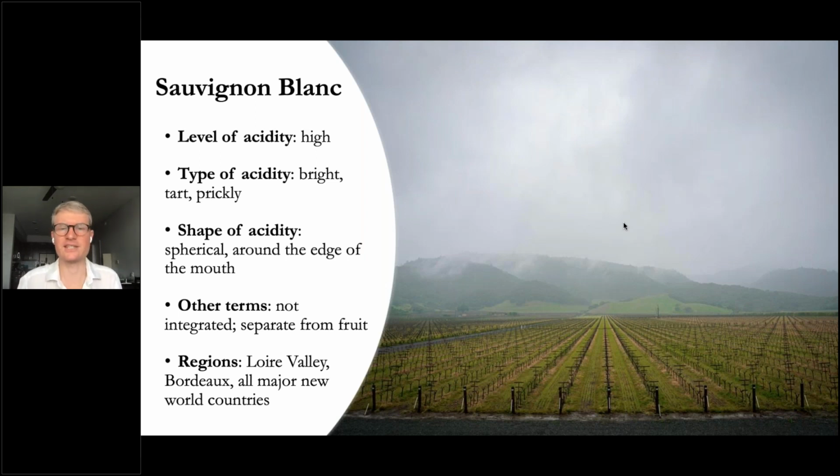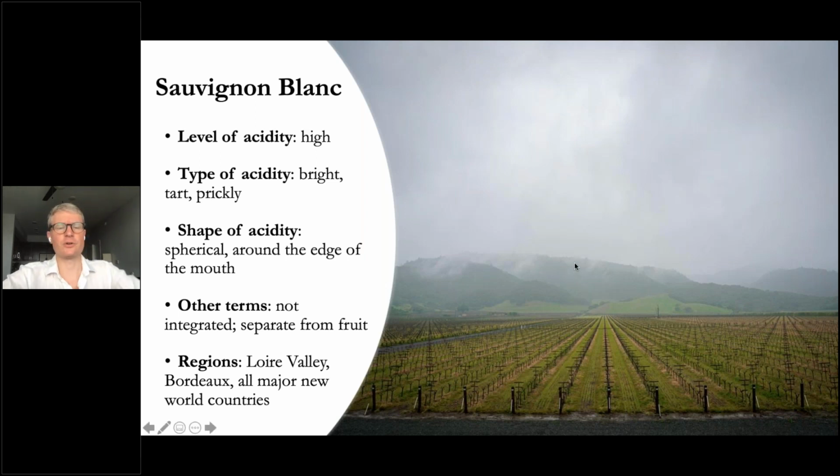Now, again, this is very dependent on the climate where you're at. So if you're in the Loire Valley, you're much more likely to experience that sensation than if you're in a warmer climate in the USA or, excuse me, South Africa or New Zealand even. So the level is high, the type, zesty, prickly, bright.